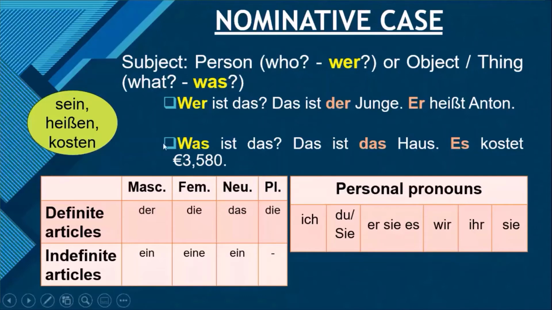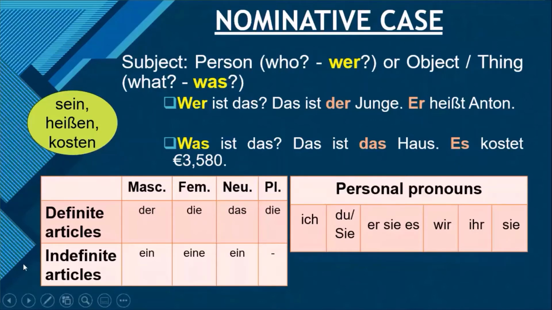And kosten, which is to cost. All these three verbs, when they're used in sentences, automatically indicate that the nominative case is being used.